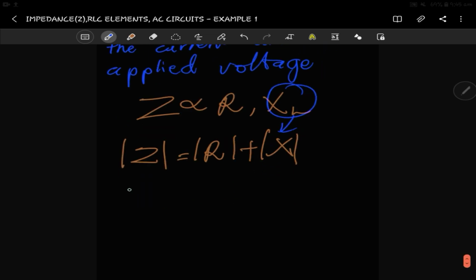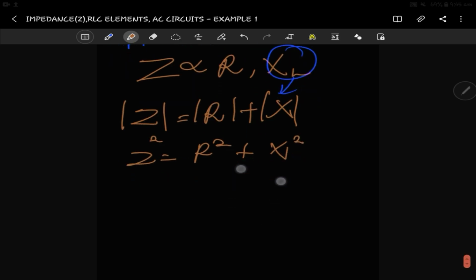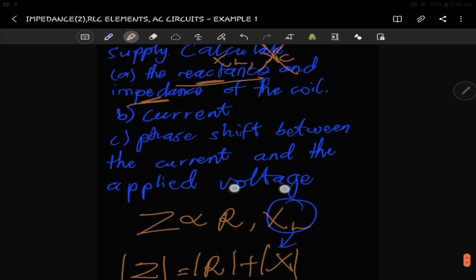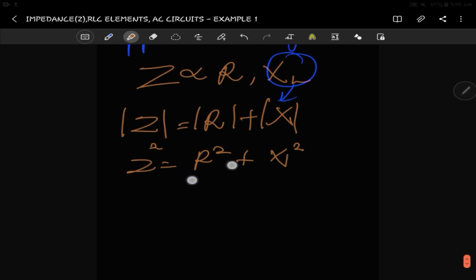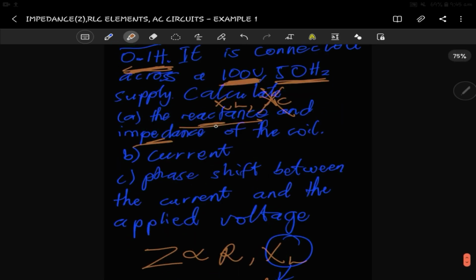So if you are trying to find Z, since they are vectors, let's write this first. Z is equal to the square root of R squared plus X, which is reactance, squared. Then we know it's all impedance. And that's what I was asking for, just reactance.